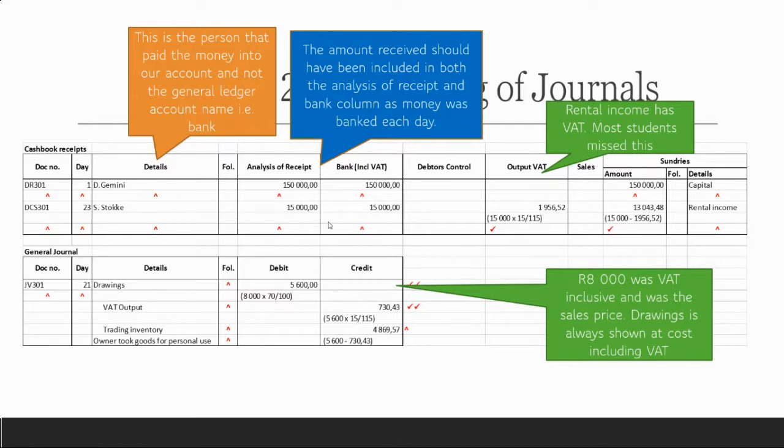Okay, so that was one of the common mistakes. Then remember, your account name is capital. If you had capital contribution or any other thing, we didn't mark it correctly. The other thing a lot of students missed is that your rental income includes VAT. So you had to take out a VAT component here.